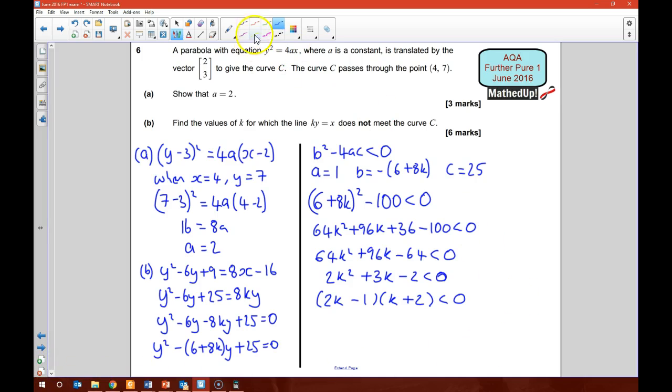Okay, so that tells me now that if I just sketch a quick curve over here, I know it's going to be a parabola. It's going to look something like that. Not a very good sketch, but we'll do it that way. And we're looking for the values where we're less than 0, so we're looking for this region of values here.